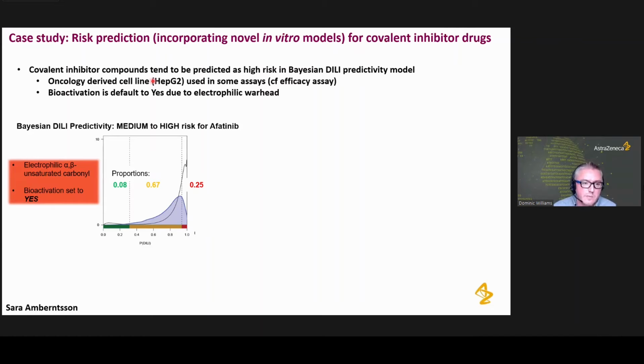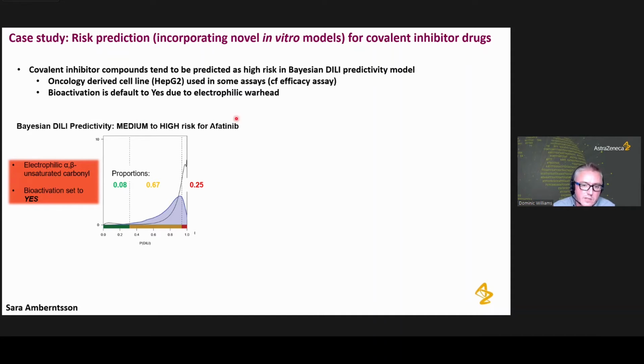This is their mechanism of efficacy, so they tend to kill the HepG2 assays, but also bioactivation is set to default because the covalent inhibitors have an electrophilic warhead. Bioactivation is set to yes as a default.